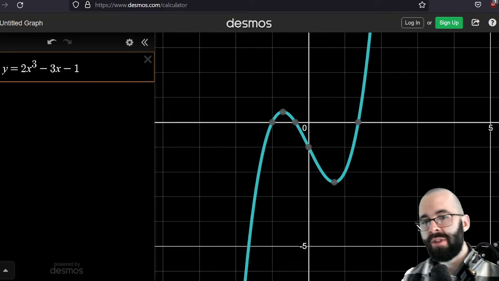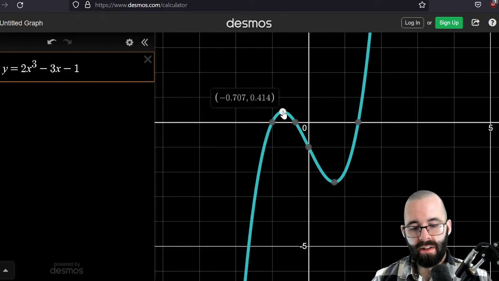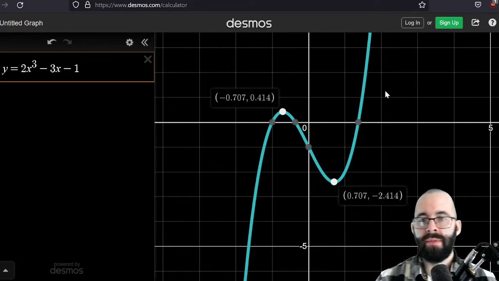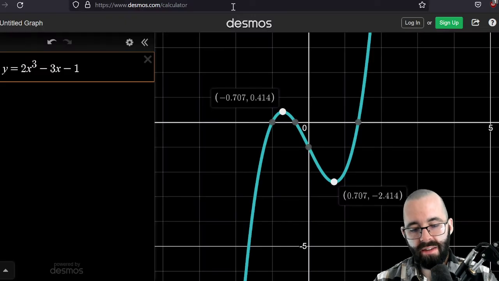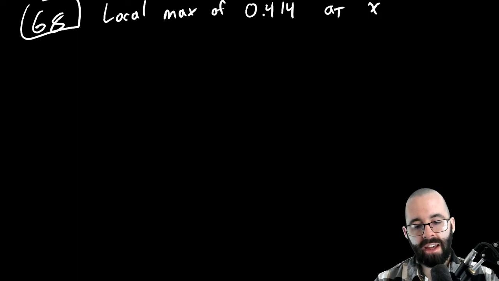Let's look at global extrema and local extrema. So local extrema are at these turning points. Okay, so there's a local maximum of the y value of 0.414 at the x value -0.707.